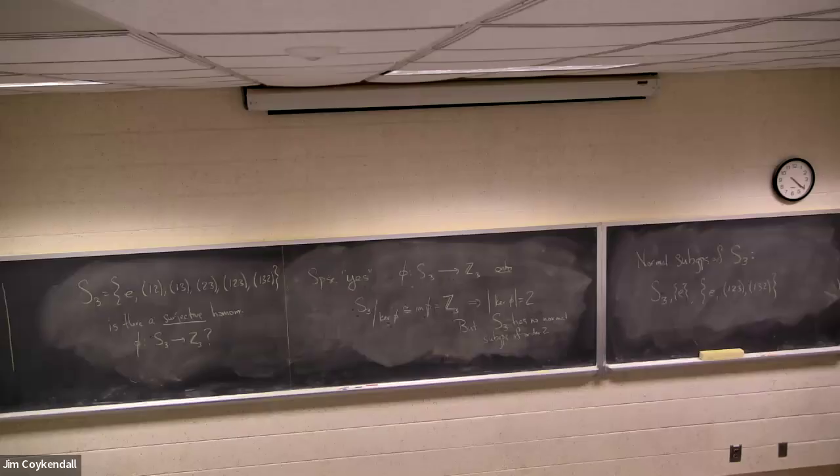Another thing is, I get this kind of question all the time. If I say, what's a group? One possible answer would be a group is a non-empty set that is closed, has an identity, has an associative operation, and inverses.